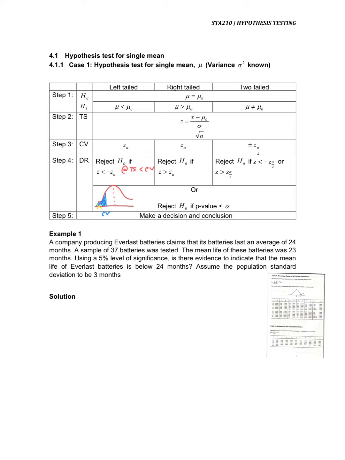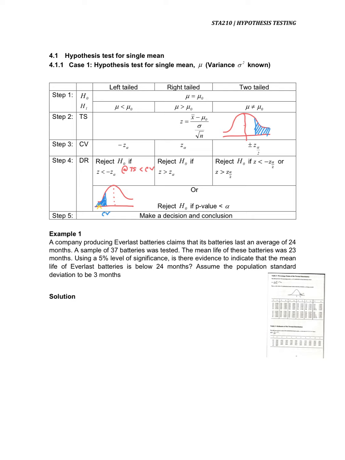But for the right tail, I draw here. For the right tail, we will look into the right hand side, so the region will be on the right side of the bell-shaped curve.